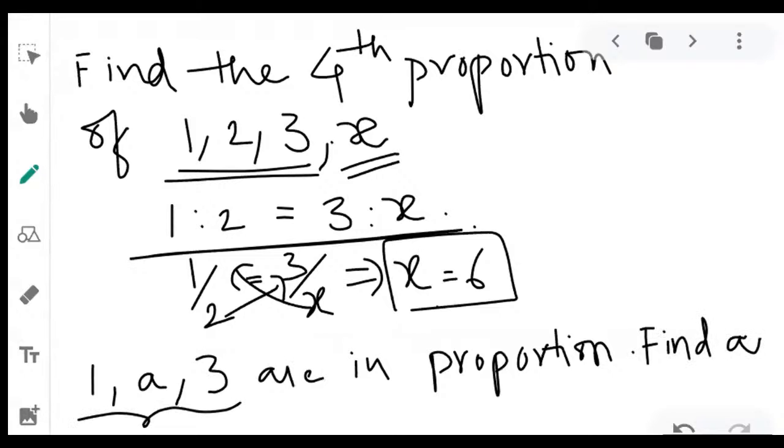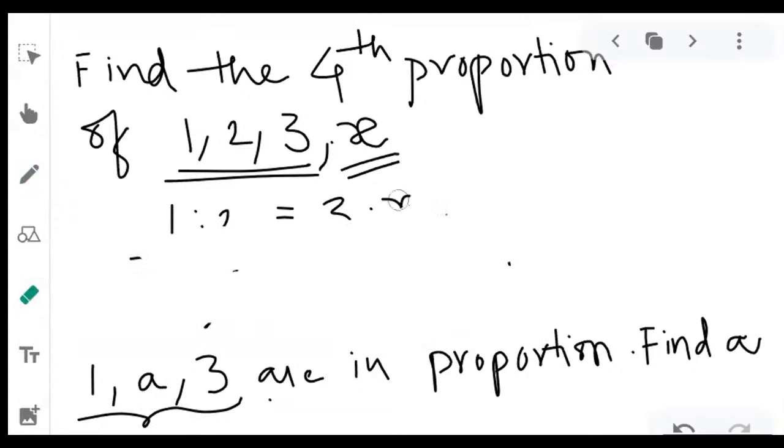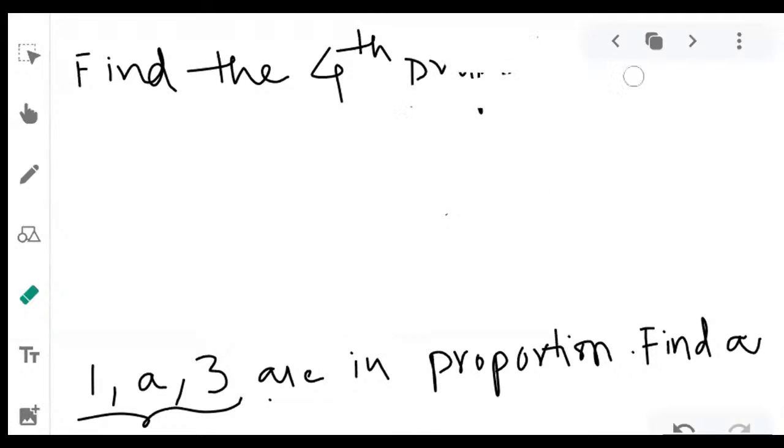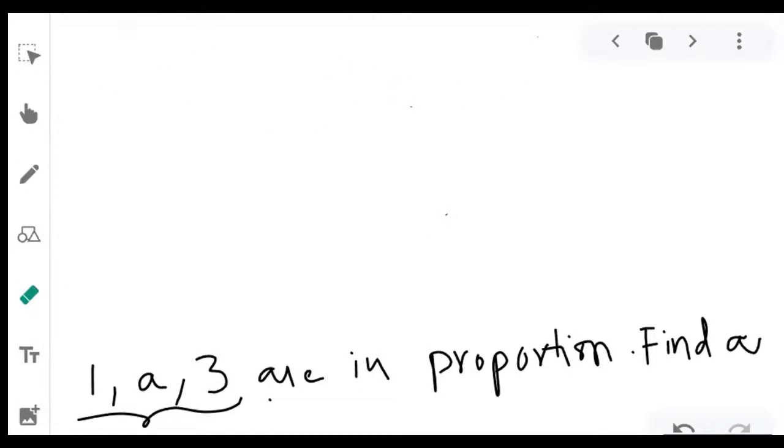If they give only 3 numbers in proportion, then you have to write it as 1 is to a equal to a is to 4.